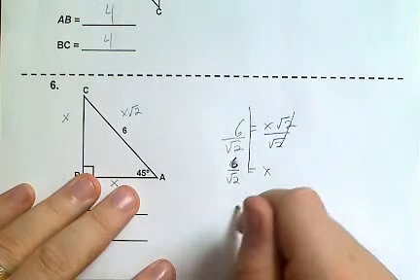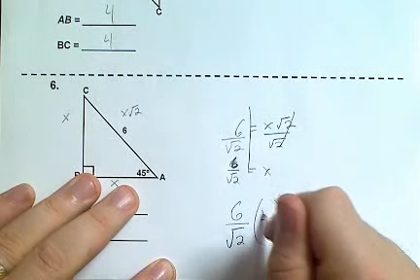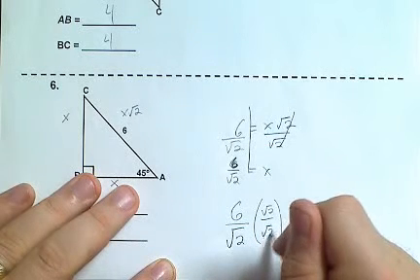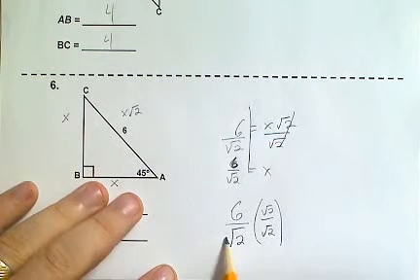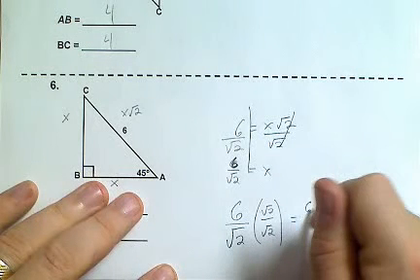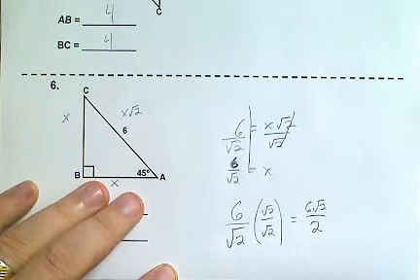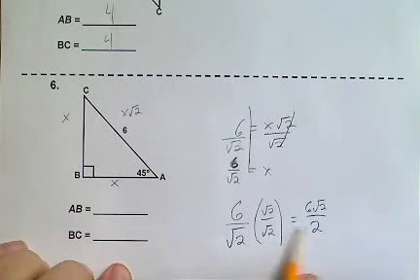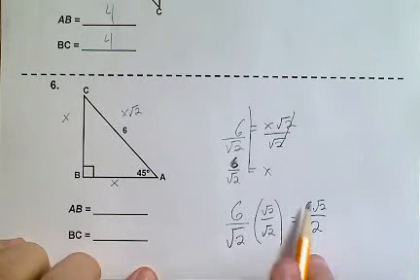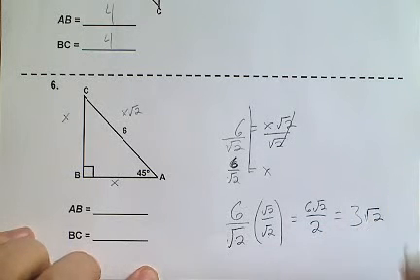So I'm going to take my 6 over the square root of 2 and multiply it by a fancy version of 1, the square root of 2 over the square root of 2. What that's going to do is give me 6 on the square root of 2 over 2, because the square root of 2 times the square root of 2 equals a regular 2. And well, 6 over 2 equals 3. So this is 3 on the square root of 2.